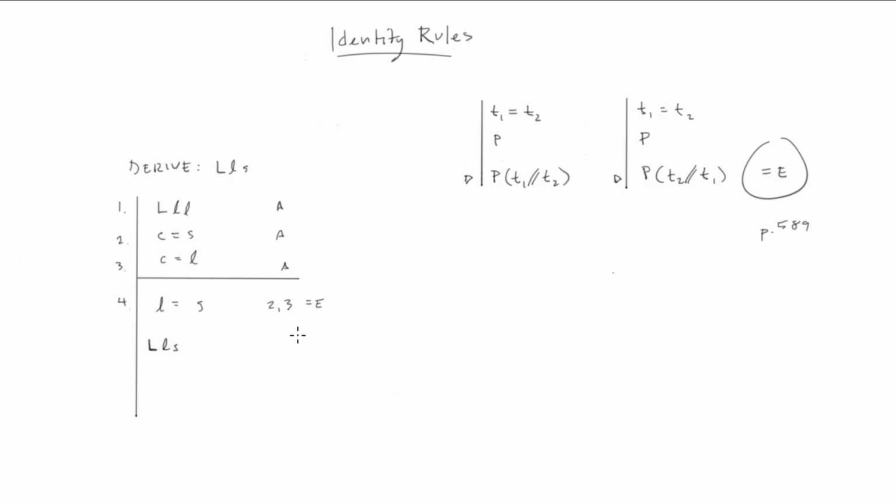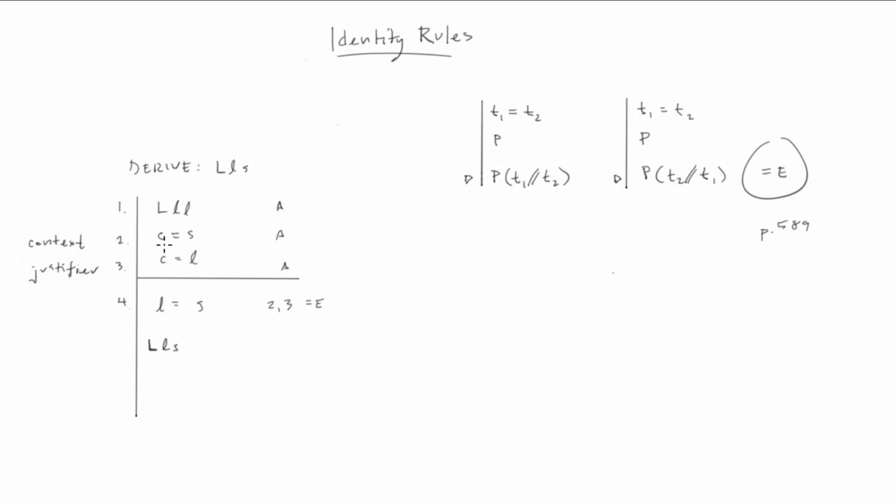Why don't you pause and think for a moment about which identity is the identity justifying substitution and which is the identity that provides the context for substitution, or does it matter? Go ahead and hit pause and think about that before resuming the video. In this case, there's no way around it. Line 2 has to be the context for substitution, and then line 3 is the identity justifying substitution.